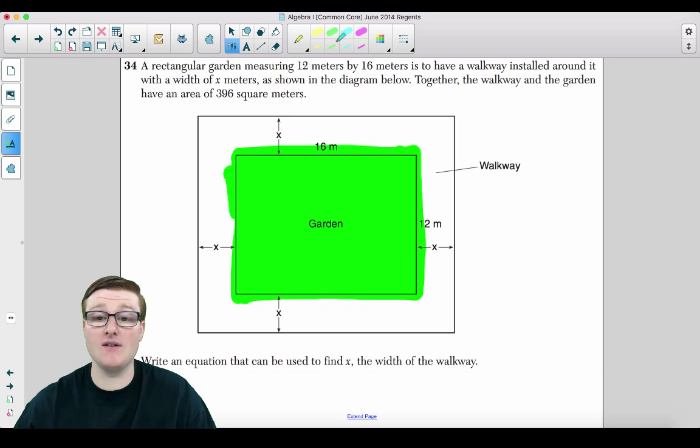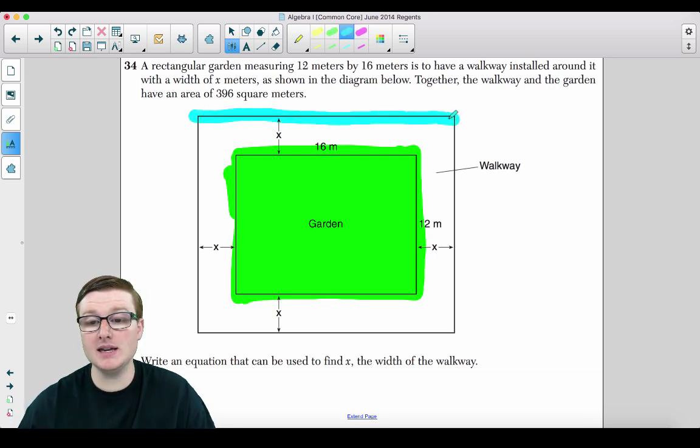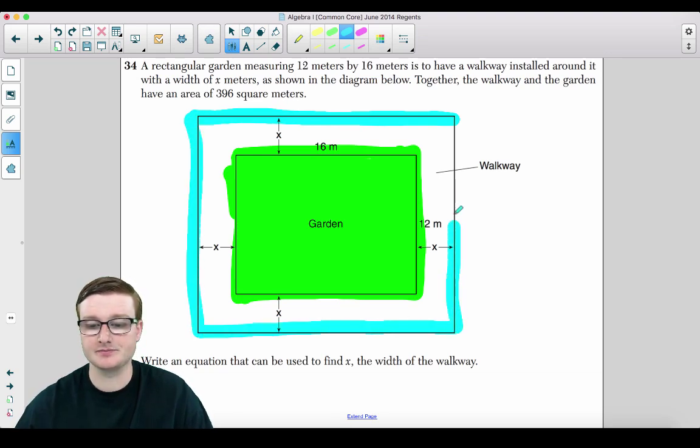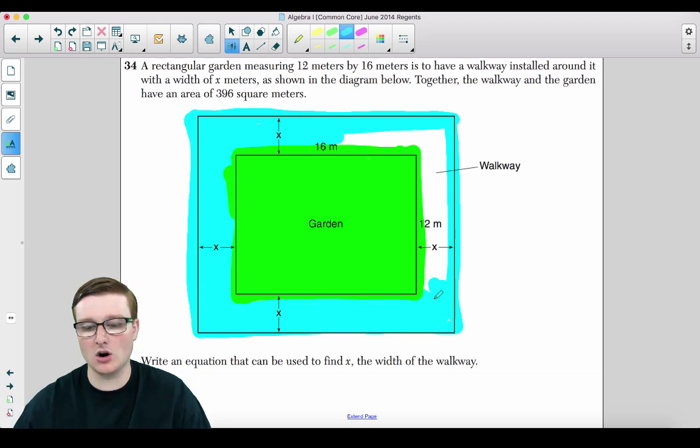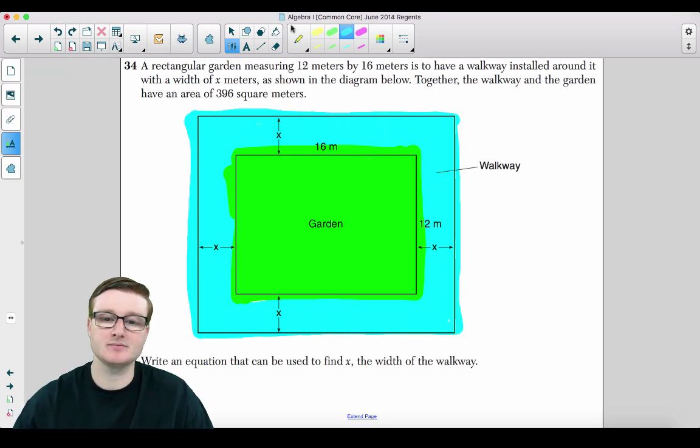We need the area of the big thing here. This blue piece that you see here, all of these blue markings, I guess the owners of the garden want to install a walkway. So this blue section is the walkway of the garden.